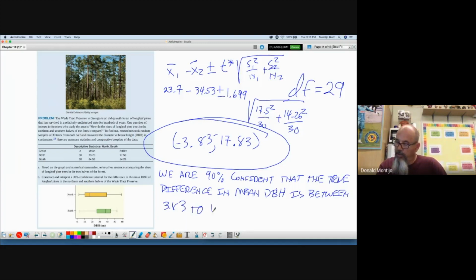3.83 to 17.83 less in the northern forest than the southern forest.